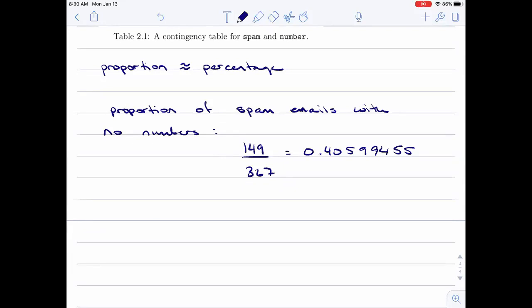Probably what happens in your head is you would just convert this automatically to 40.6% and then move on, right? But for this course, we have to keep track of, okay, well, this is a proportion, right? So a proportion is between 0 and 1. And then a percentage is just a proportion times 100%. Right?